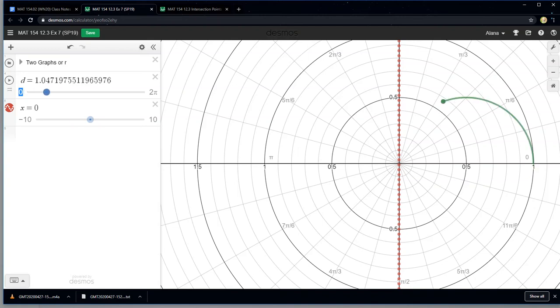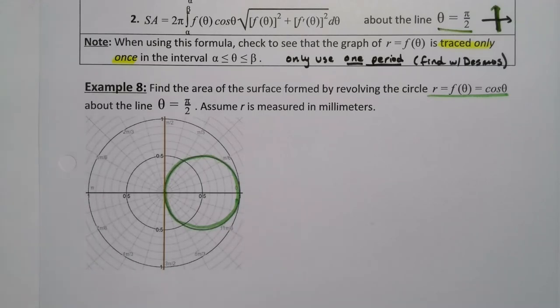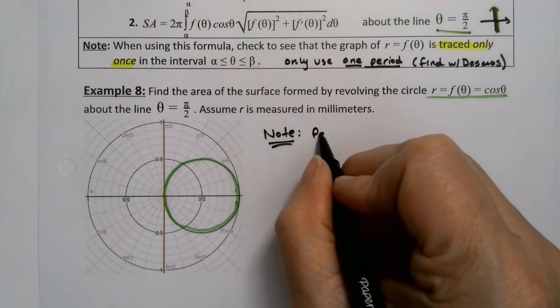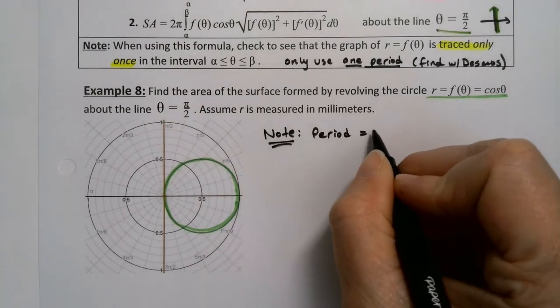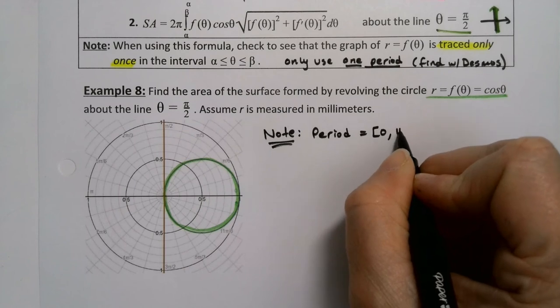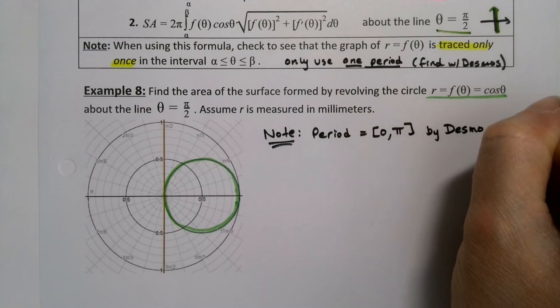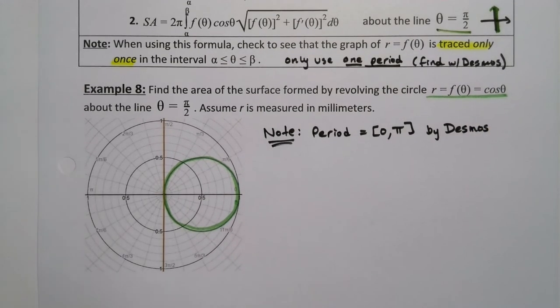And then if I swing it through, that's pi over 2, so pi. Looks like the period is pi. Matter of fact, the period is definitely pi. All right, so we'll make a note. The period is 0 to pi, to get a full circle, or a full circuit of this circle.